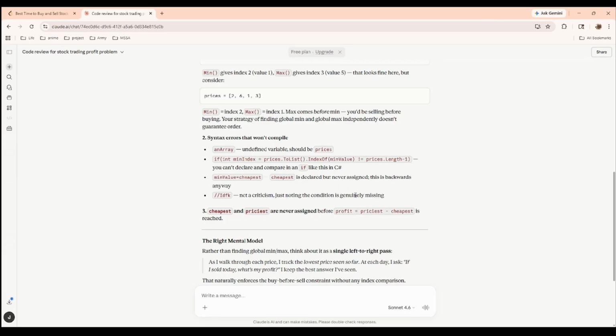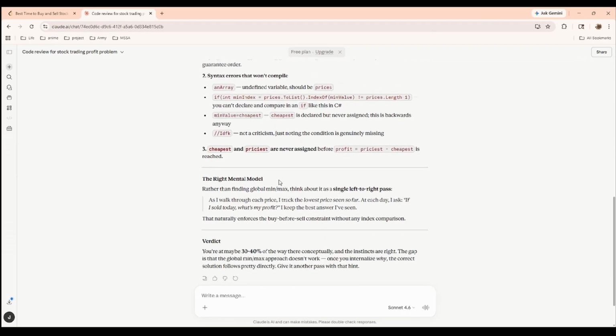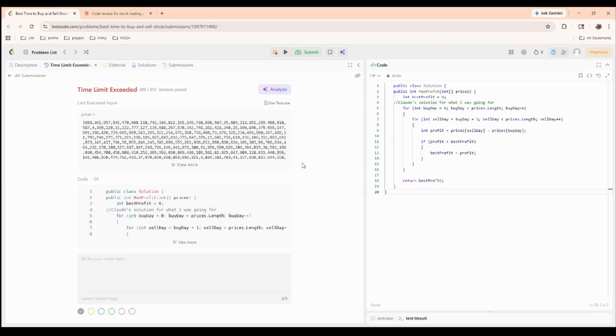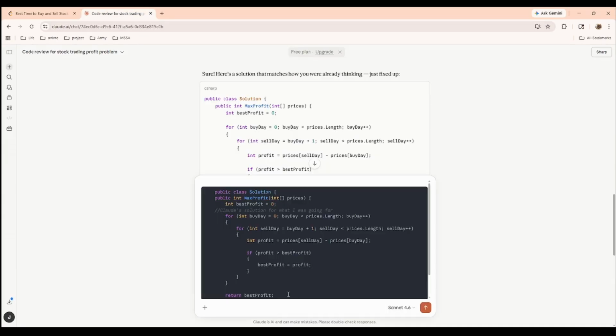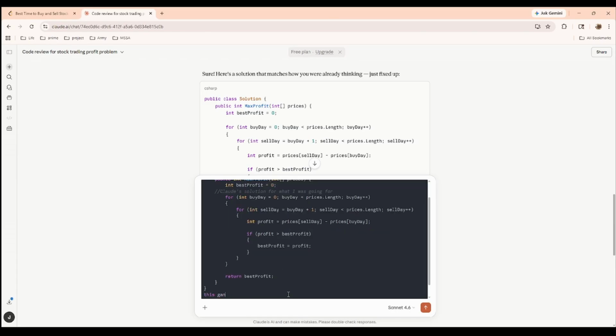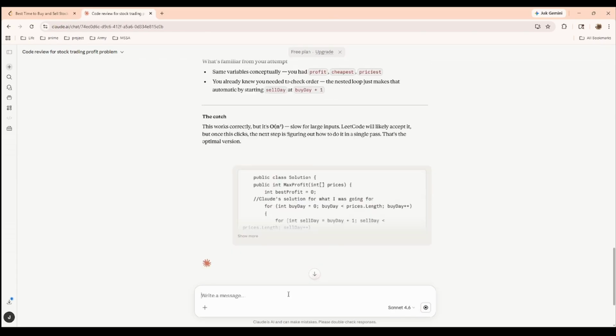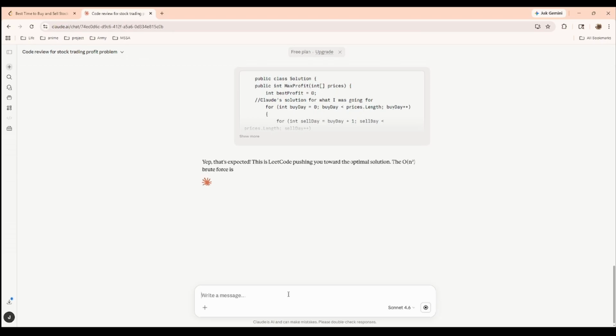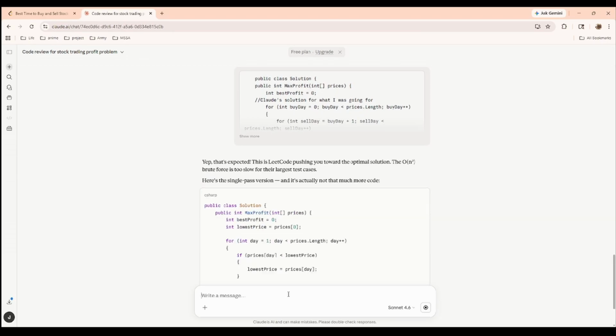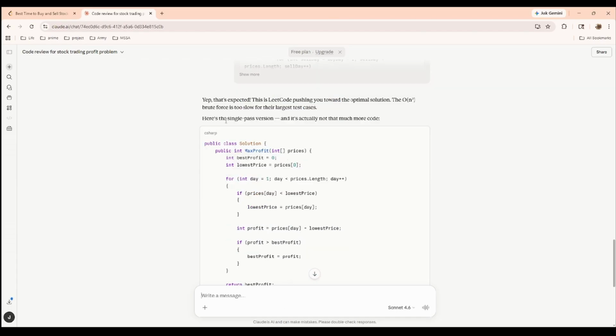The condition is genuinely missing. Time limit exceeded. Hmm. Not so smart after all, are you? Timed out. Oh. Okay. Well, brute force is too slow for their largest test cases.